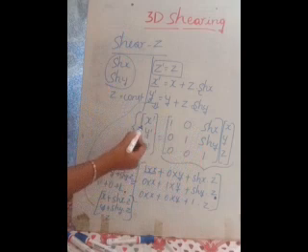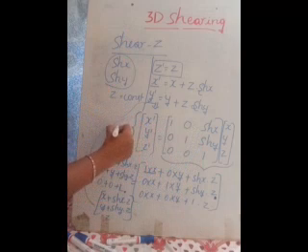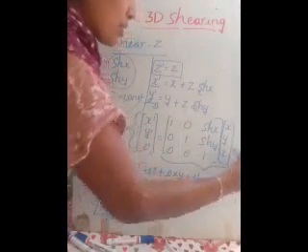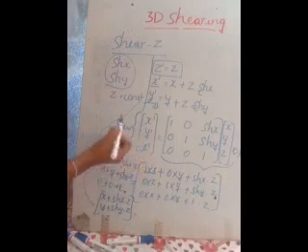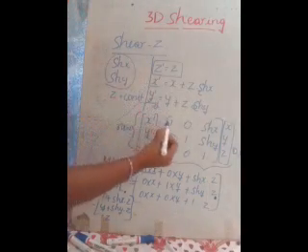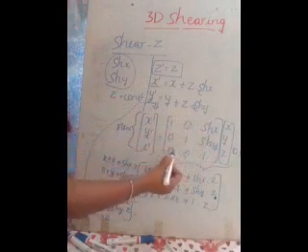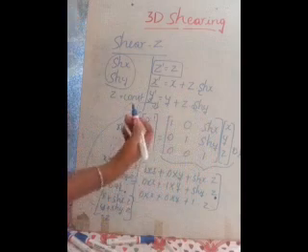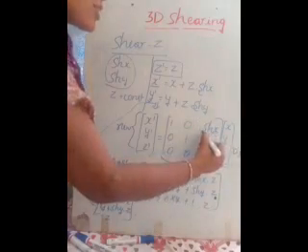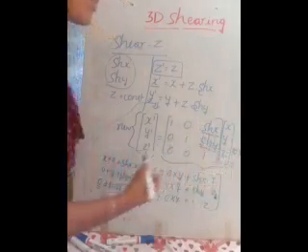In a matrix, x dash, y dash, z dash are new values, and x, y, z are old values. So we have to get x dash, y dash, z dash from this concept. This is a homogeneous matrix. Here we have to consider 1, 0, SHX. Why did we take SHX and SHY over here?